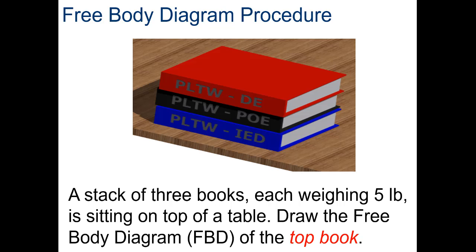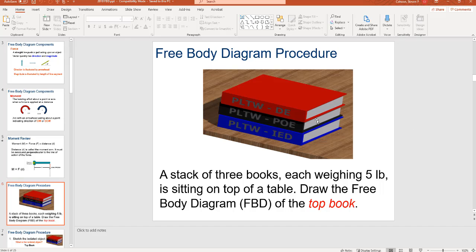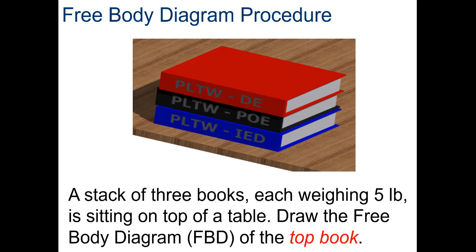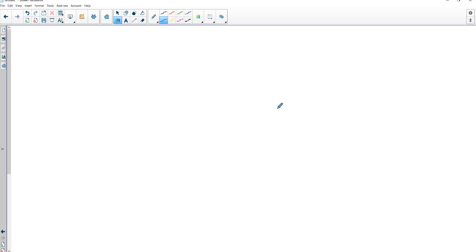You'll notice that those books are labeled, DE, POE, and IED. So we're going to have to label them in our diagram, because diagrams have to have anything that is labeled in the original picture. So we had a book called DE, a book called IED, and a book called POE.